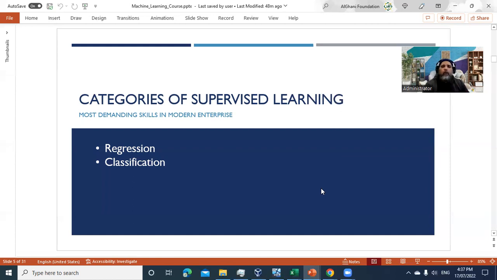Another simple example: you have a house data set, with the number of rooms, the number of baths, the lawn, and the area of your house, and based on that you have the house value. You have a bunch of houses compiled in a nice tabular format and fed into your supervised learning model.